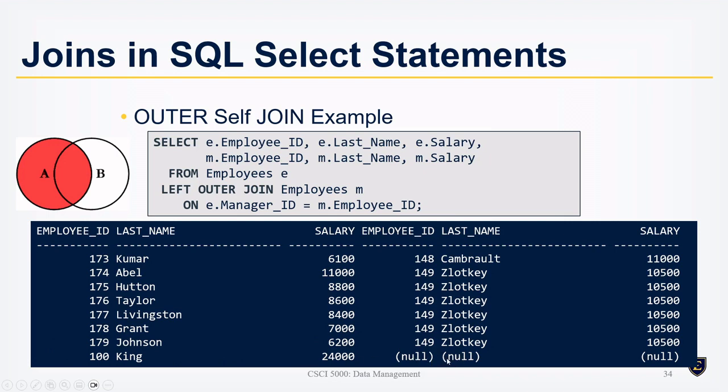And if you wanted a list of all employees in this listing, then you would have to do a left outer join to ensure that Stephen King is an employee that is listed in the listing. Because again, he has no manager, so that should show up there as null.